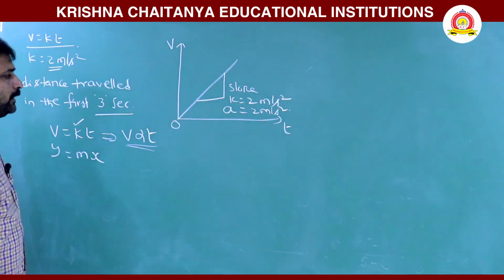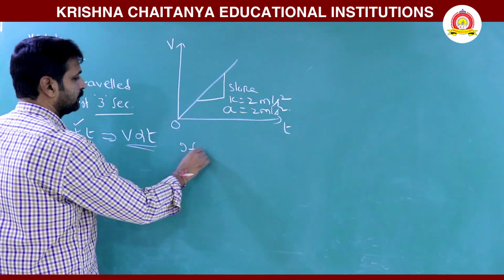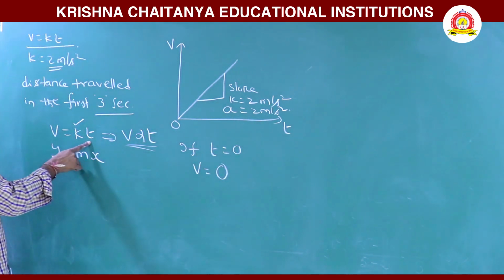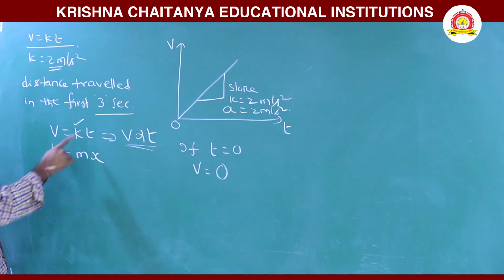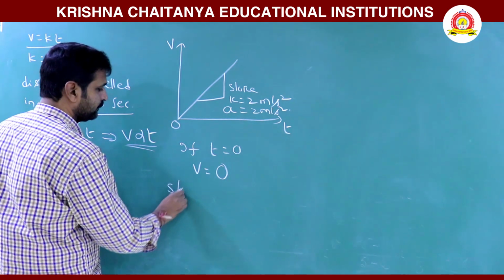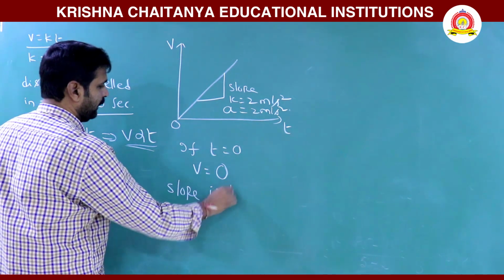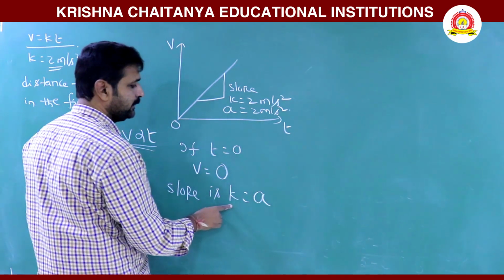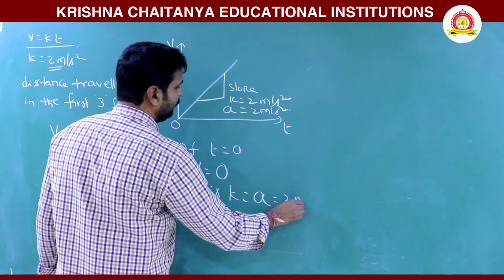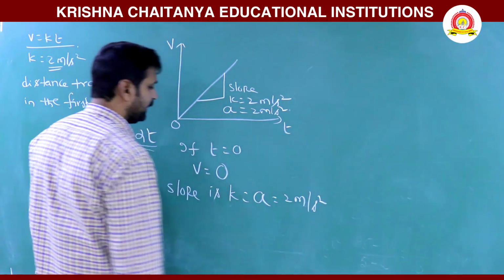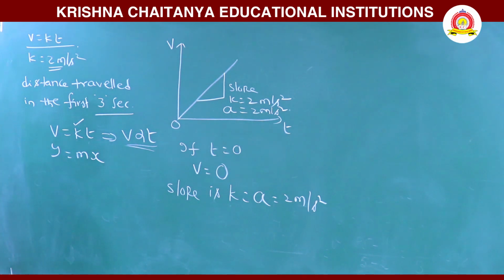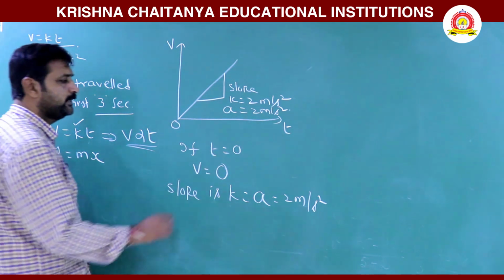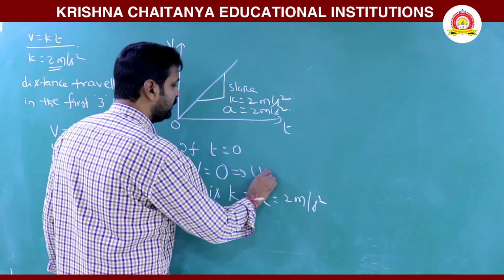Now if t is equal to 0, velocity v is 0, and the slope is k. So k is a, which is 2 meter per second squared. Since velocity is 0 at t equal to 0, that is said to be the initial velocity.